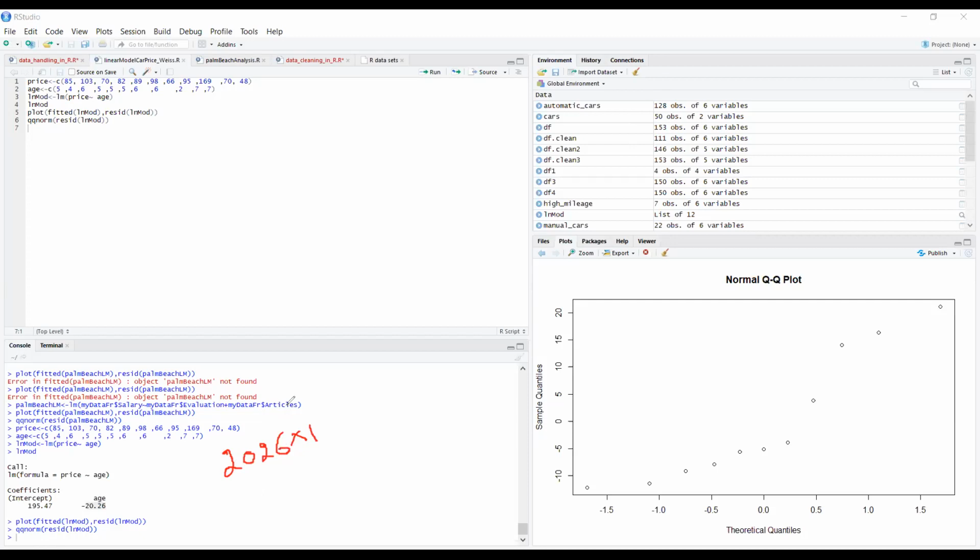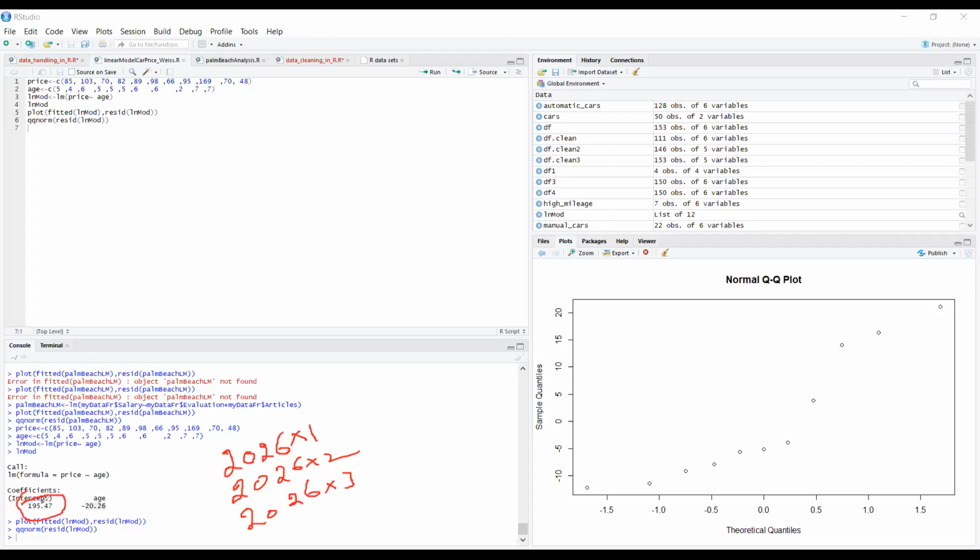As the car becomes old year by year, there will be a decrement, or depreciation, in the value of the car. The depreciation is $2026 every year. If it is a 2-year-old car, how much will be the depreciation? Multiply by 2. If the car is 3 years old, the depreciation will be 3 multiplied by 2026.